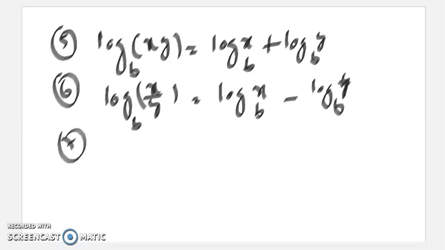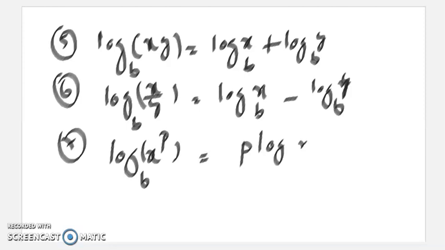And look at the power rule here. Log x power p with base b is equal to p into log x with base b. Next, the eighth one is the root law.